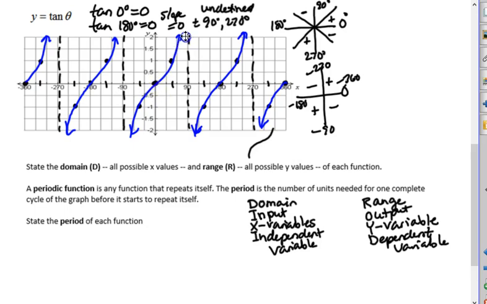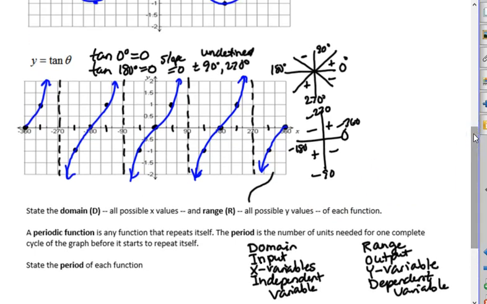So I have to think about now what values of X I'm allowed to use. Well, I can use any values of X except wherever there's an asymptote. So I've got an asymptote at -90, +90, -270, and so forth. What I would suggest you do for right now is to say, for the domain, all real numbers, and I'm going to write this as negative infinity to positive infinity.